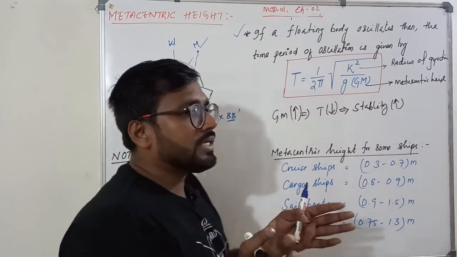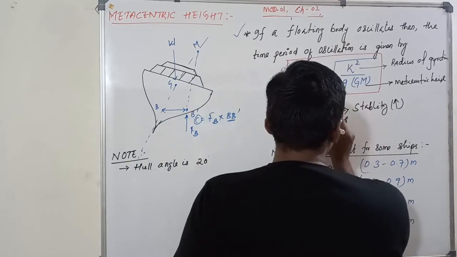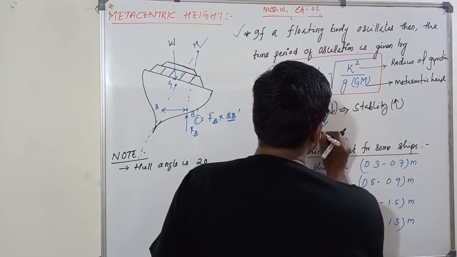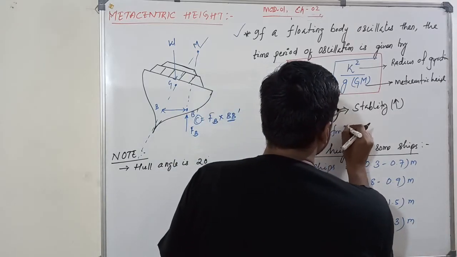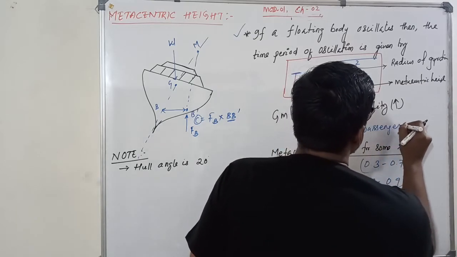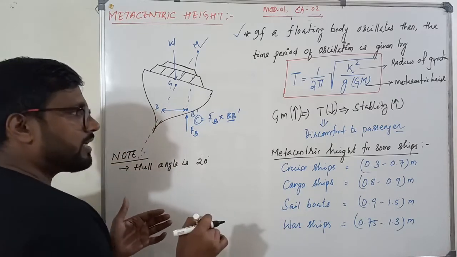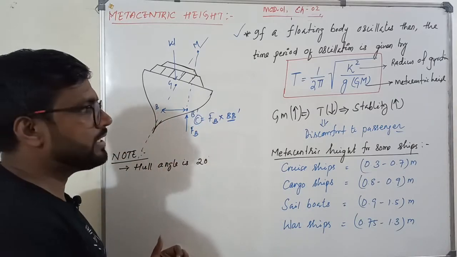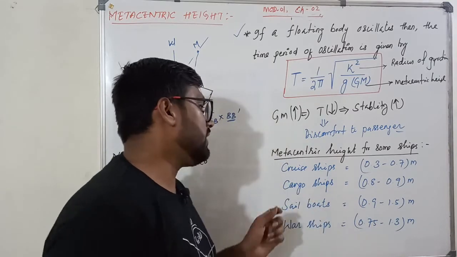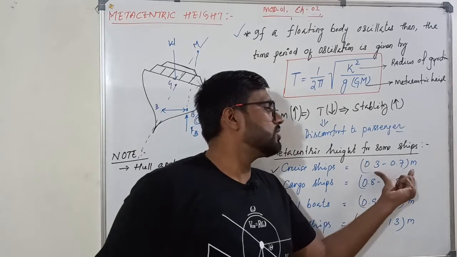So if stability increases, because the time period of oscillation is low, it will cause discomfort to passengers. That's what I told you. They will experience a higher magnitude of this moment in less time. So that's why it will be very uncomfortable. Hence, if it is a cruise ship, the metacentric height is normally less.